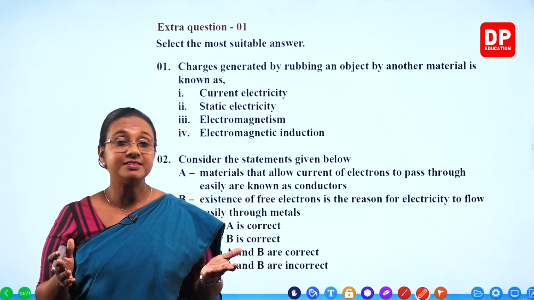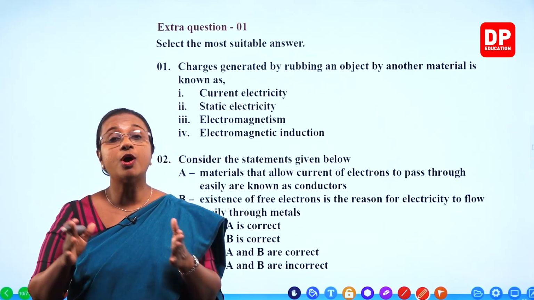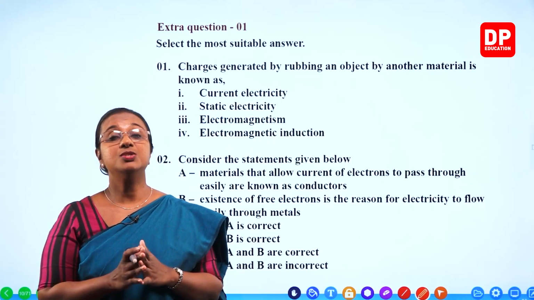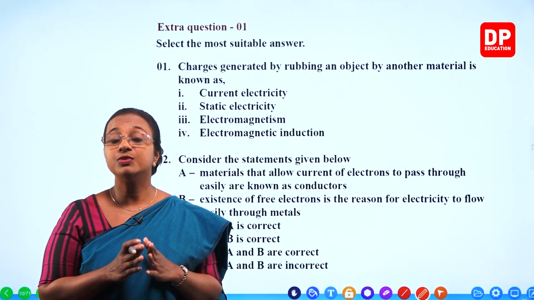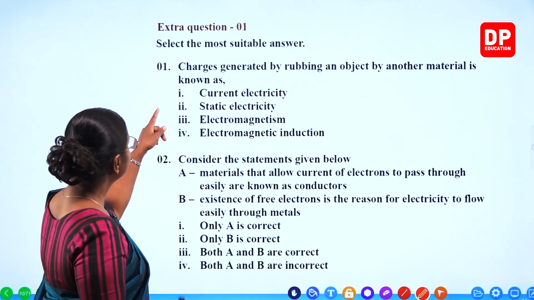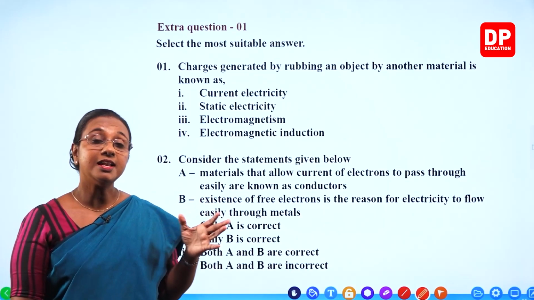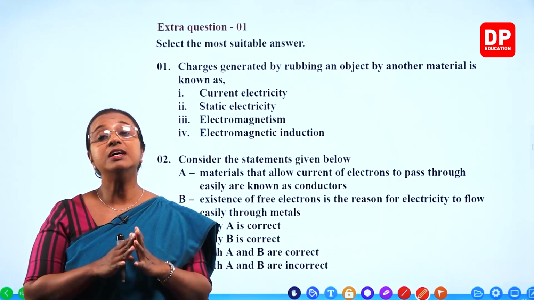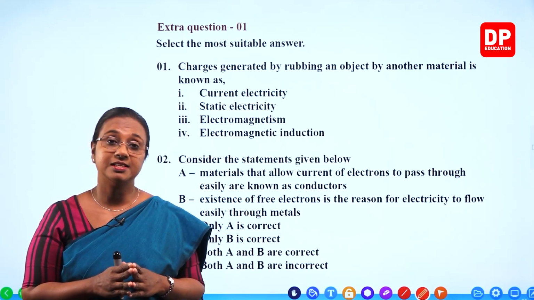Why static electricity? Those are electrostatic charges and they do not flow. They do not move. They are stationary. That is why we call them static charges, electrostatic charges. So if we look at the answers, current electricity. Current electricity, you all know, the charges that flow through a circuit or conductors is known as current electricity.